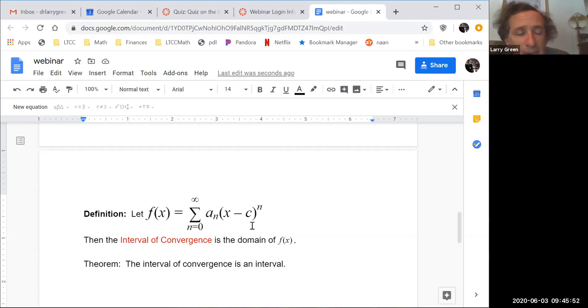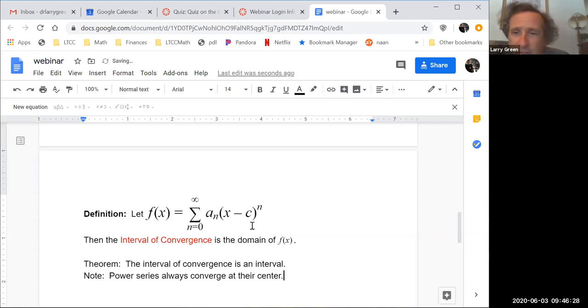Now it could be the trivial interval. For example, notice that if x equals c, then it always converges. How come? Let me write that down. Note that power series always converge at their center.